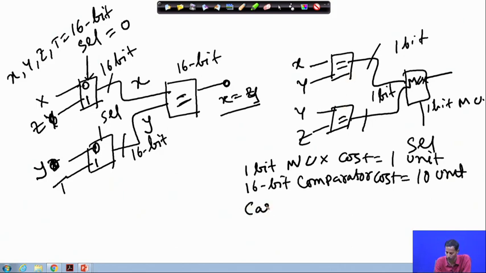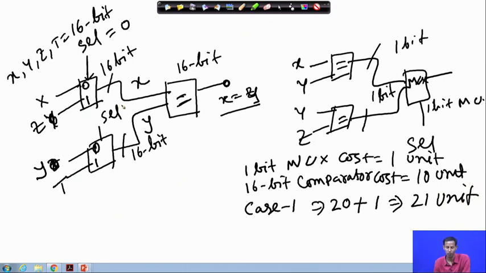For case 1, where I have not used resource sharing, what is the corresponding area? Here I need 2 comparators, so 20, plus 1 for the mux. So that means a total of 21 units.